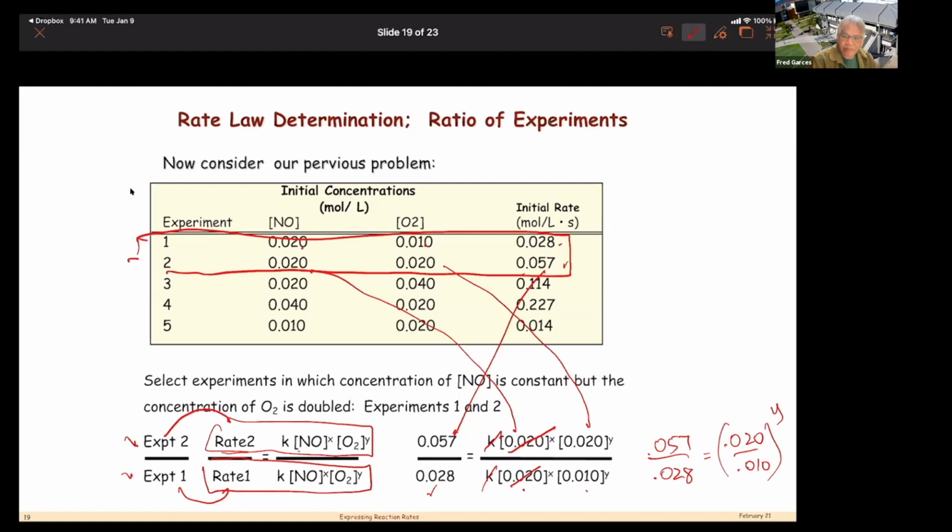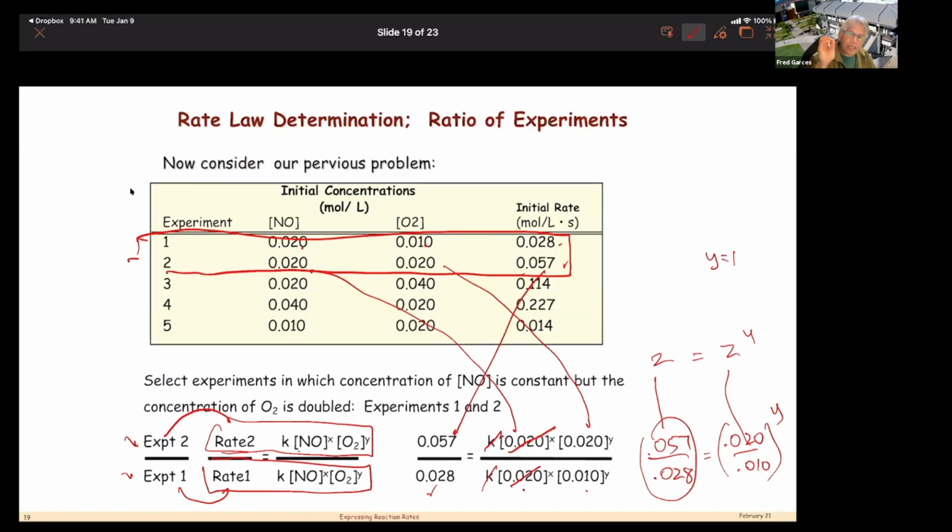That's the math. 0.057 divided by 0.028 is 2, and this is nothing more than 2. So that's your equation. What 2 to what power equals 2? Well, y's got to be 1.